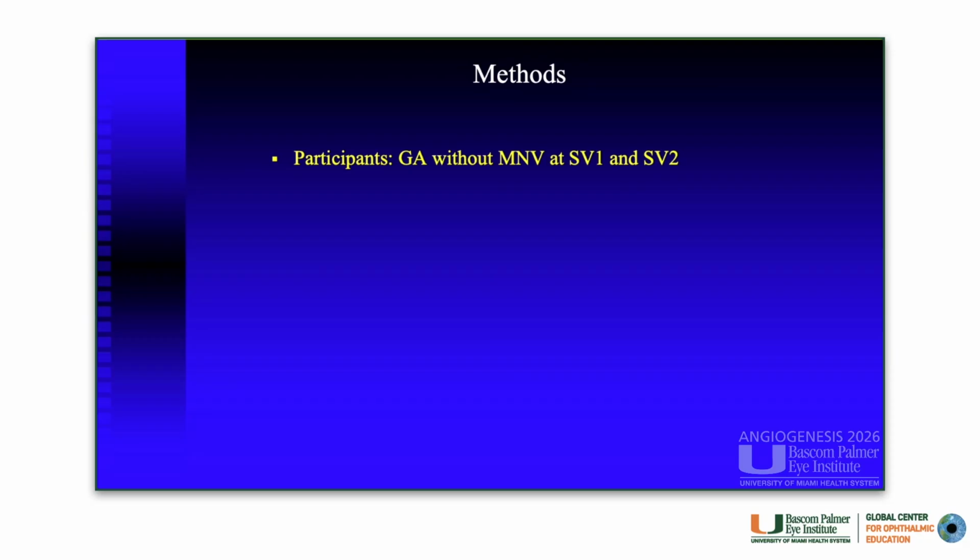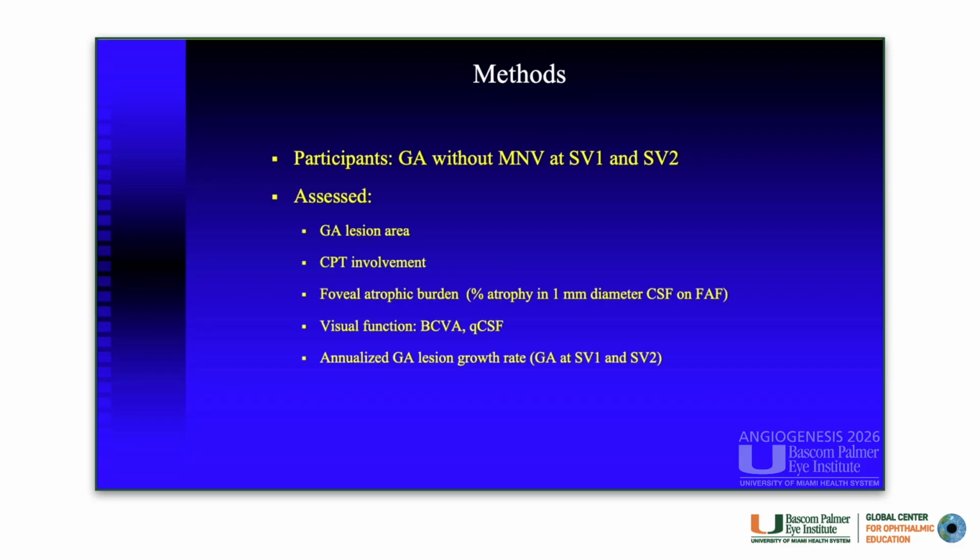So again, these were participants that had geographic atrophy without macular neovascularization at screening visit 1 and screening visit 2. And we looked at the geographic atrophy lesion area, center point involvement, and foveal atrophic burden. And this has also been called the foveal invasion, or the percent of atrophy in the center 1 millimeter diameter central subfield on autofluorescence.